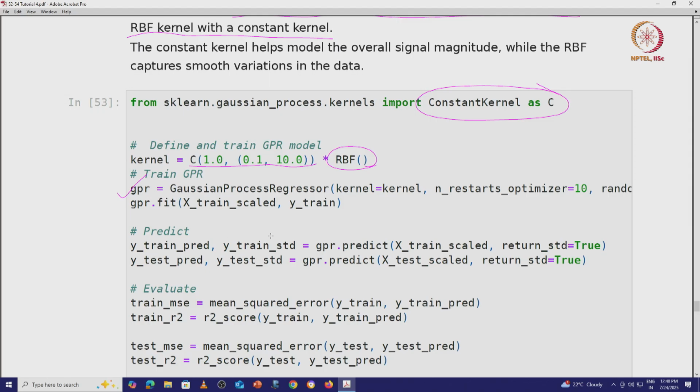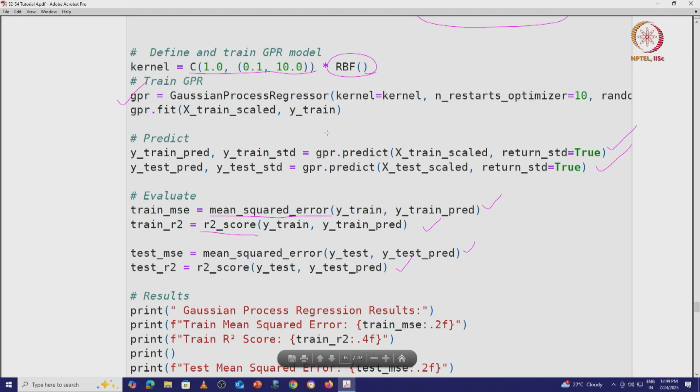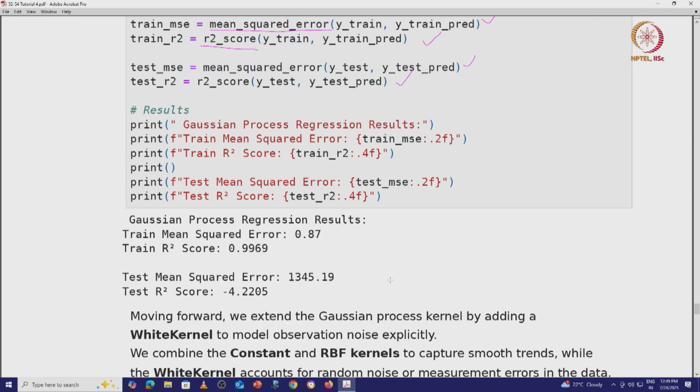Okay. So this code will train the GPR model, and then like we did above we can predict the values for the train and test sets, right, and finally evaluate the mean squared error as well as the R squared score on both the training as well as the testing data sets, and we can print the results here. So this is quite similar to what we had already done earlier.